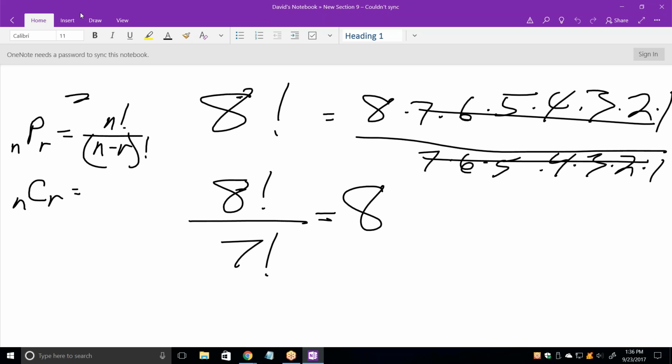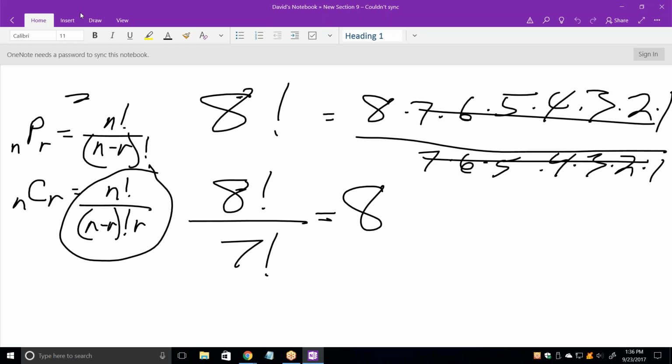This is referred to as n pick r, and this is n choose r. Well, n choose r has the same numerator, partly the same denominator, but in the choose part, equal number of n's, equal number of r's. So I need an r factorial there also. Memorize those two.